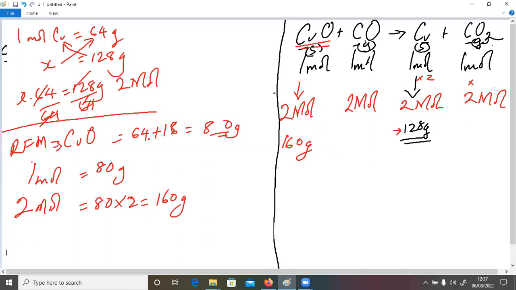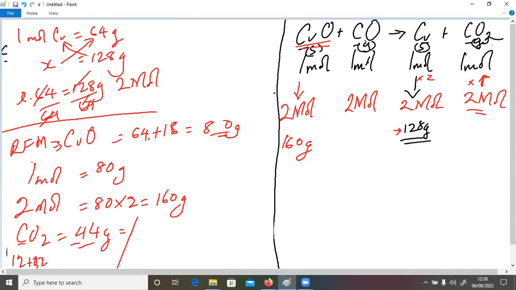Then how much carbon dioxide did I produce? I produced 2 moles of carbon dioxide. We know previously carbon dioxide is 44 grams: 1 carbon, 12, plus 2 oxygens, which is 32, so 44 grams.